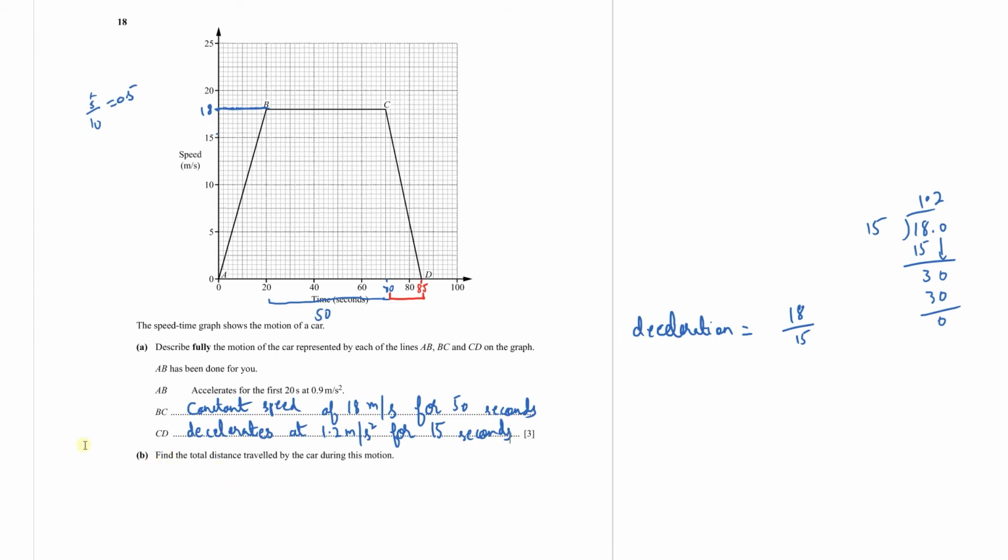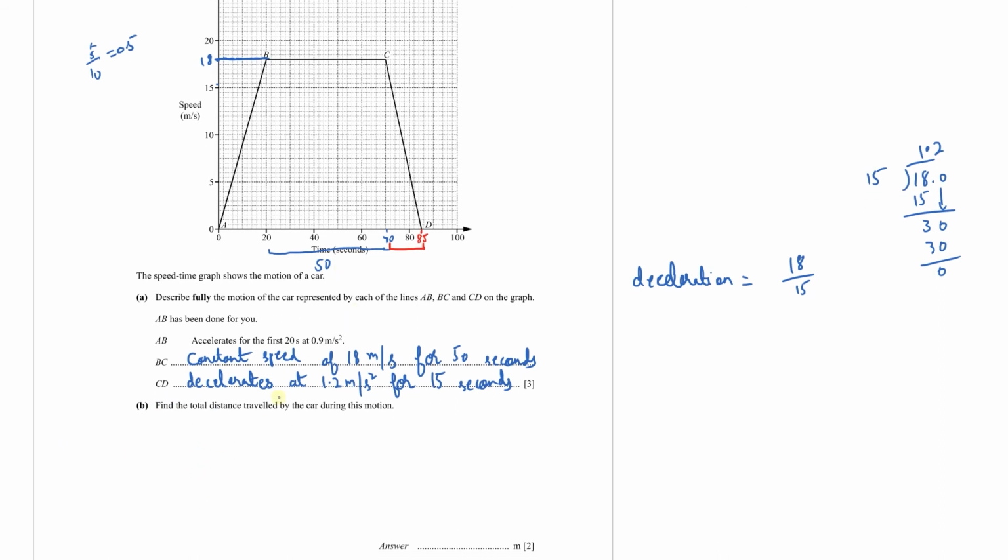Part B is find the total distance traveled by the car. So the total distance will be given by the area under the graph. So this is a trapezium. So I can use the formula for trapezium. So this will be 1 by 2 into height into the sum of the two parallel sides, S1 and S2. So what is the height? Height is 18.